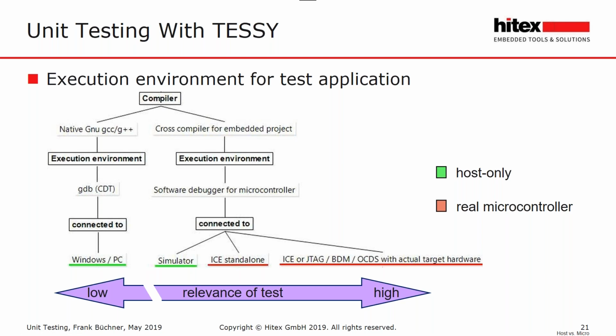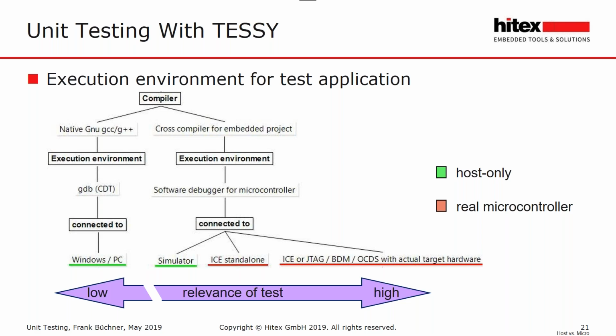Which possibility you choose for the compiler and for the execution environment is not really important to Tessie, but the difference is the relevance of the test. If you execute the tests using the native GCC compiler, which is a 32-bit compiler, and your actual target is an 8-bit microcontroller, you might have some differences in integer sizes, maybe in the endianness, and so on.